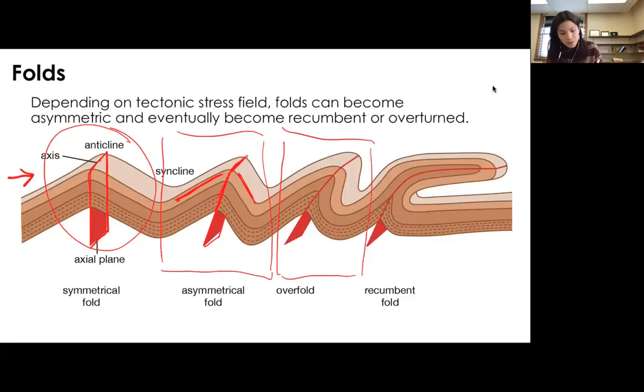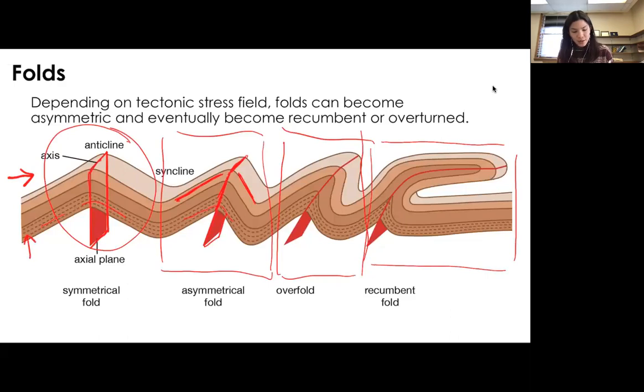And then we can also eventually get to a location where we have folds that are lying down. We call these recumbent folds because they look like they're reclining, they're in their recumbent form. And it's really interesting to see from this diagram, if you follow this bottom layer, as you progress in asymmetry, this bottom layer is able to fold well in a symmetric fold.